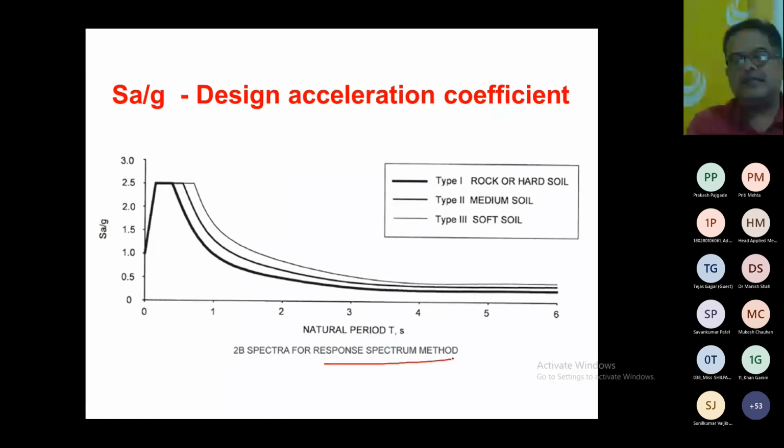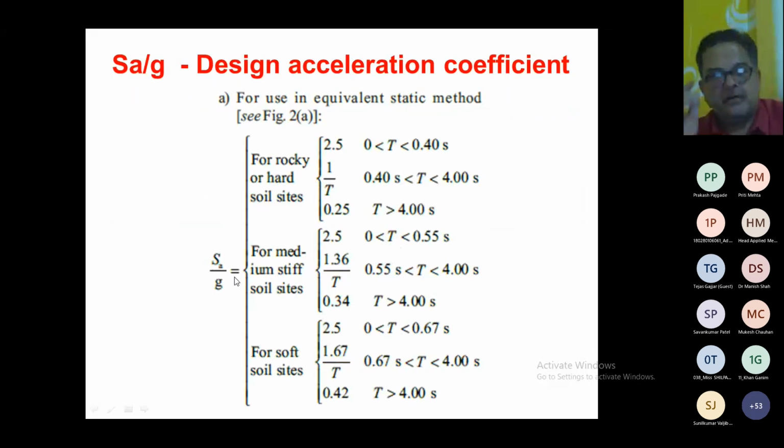If we are talking about the response spectrum method, then again there are three curves, but here from 0 to 0.1 second there is an increased response, and this is 0.4 second, right? This is given in the code, and these values are already given in the form of an equation also. Suppose you are going for the equivalent static method, then we have to look at the natural period.